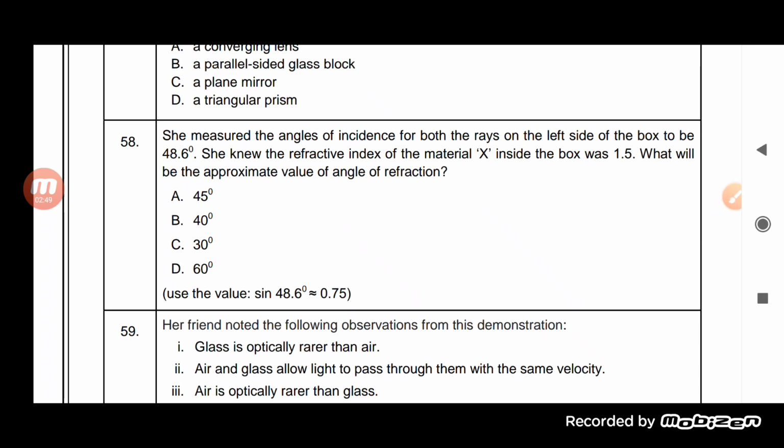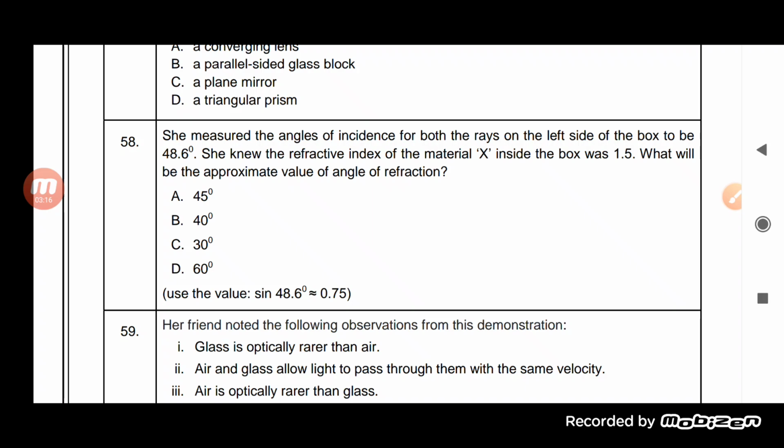She measured the angle of incidence for both the rays on the left side of the box to be 48.6 degree. She knew the refractive index of the material X inside the box was 1.5. What will be the approximate value of the angle of refraction?